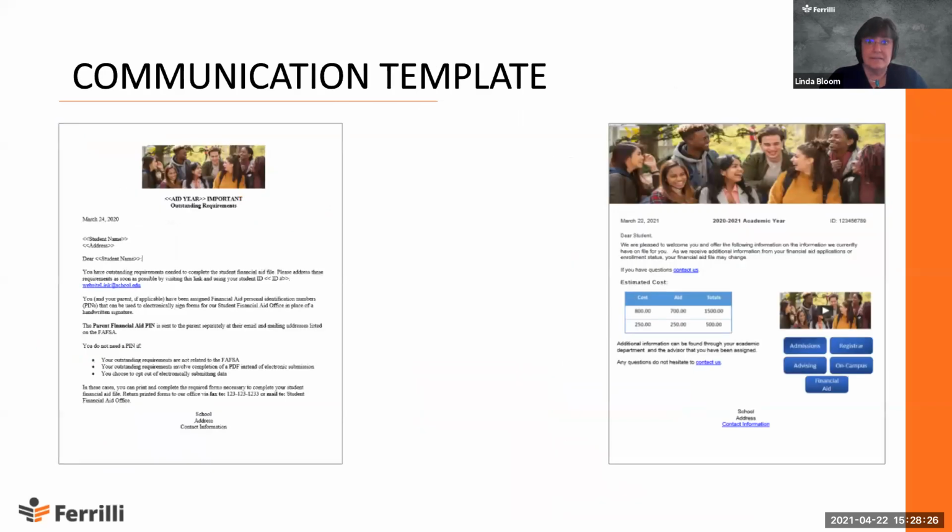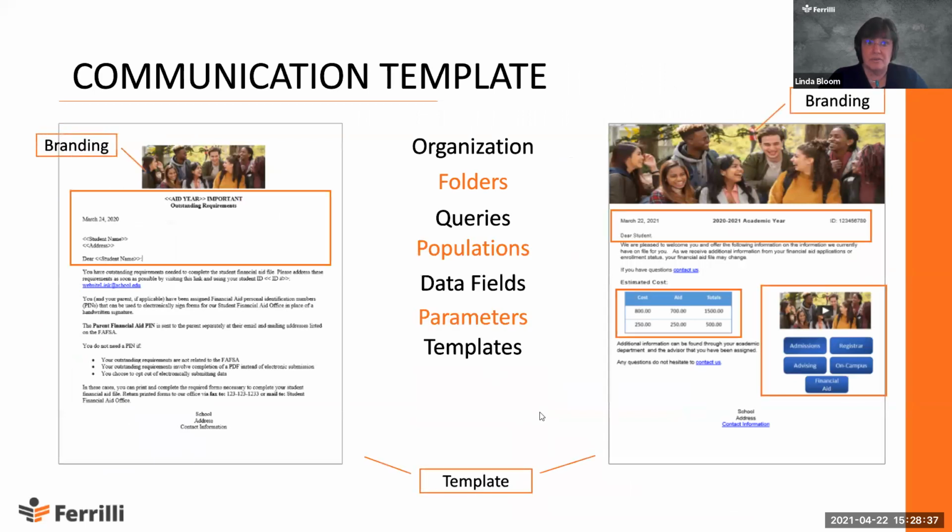So with that, that's pretty much it for BCM. You create your organization, your folders, and then your queries, your populations, your data fields, and your parameters. So you get all your branding and your structure together within your template. It's ready to go. And then you create your template and put everything in and test it so you can send it out and run a communication.